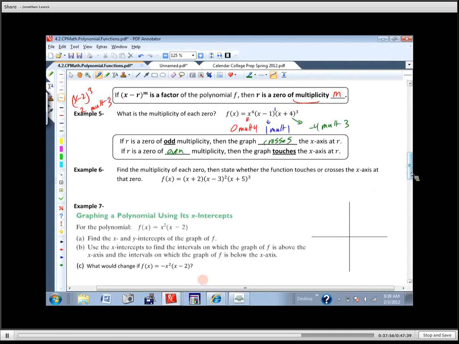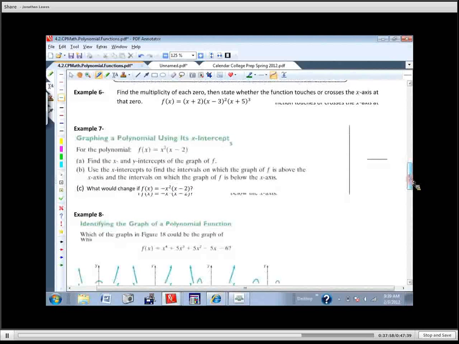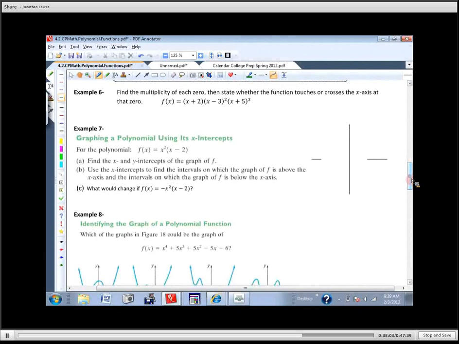So this says on this next example, it says, find the multiplicity of each 0, then state whether the function touches or crosses the x-axis at that 0. Okay, so we're going to do this. What is the x-intercept, or the 0, or the solution that comes from there? Negative 2. What's its multiplicity? Multiplicity is 1.